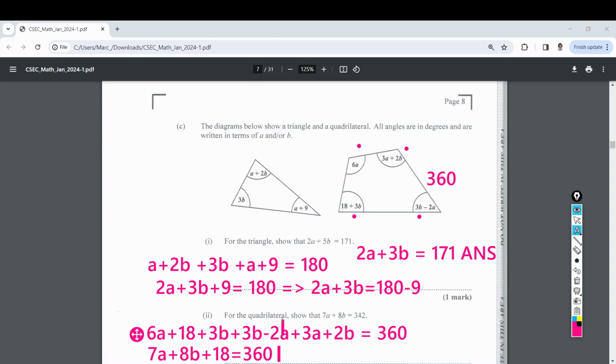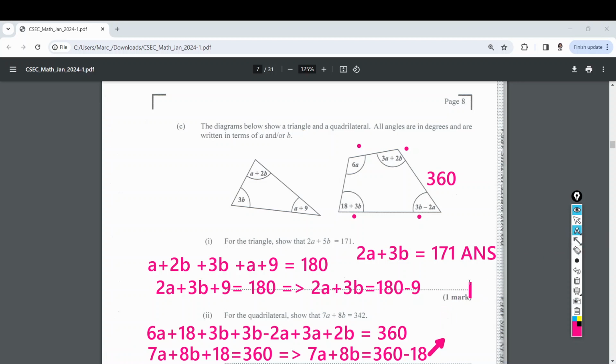And then I'm going to imply now, last thing, this shows that 7a plus 8b is equal to 360 minus 18, which is equal to, okay, hold on, last line. I don't have more space in the world, so I'm going to put the answer here.